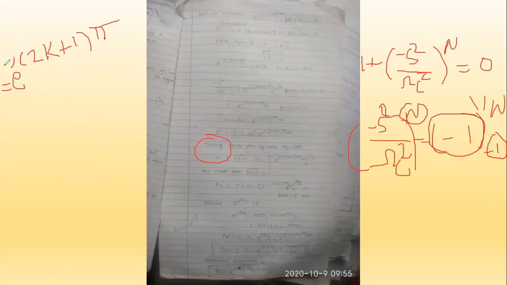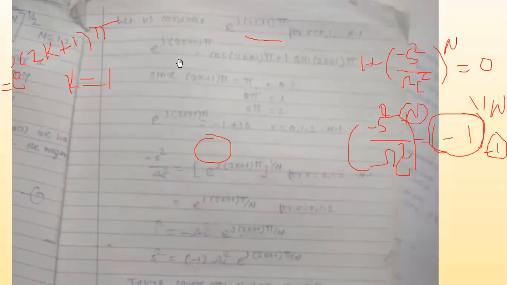When I use this equation, substitute the value of k here. When I substitute k is equal to 1, when I expand this equation, it is cos of 2k plus 1. So this equation we got. So e raised to 2k plus 1, the expansion of this equation is here.